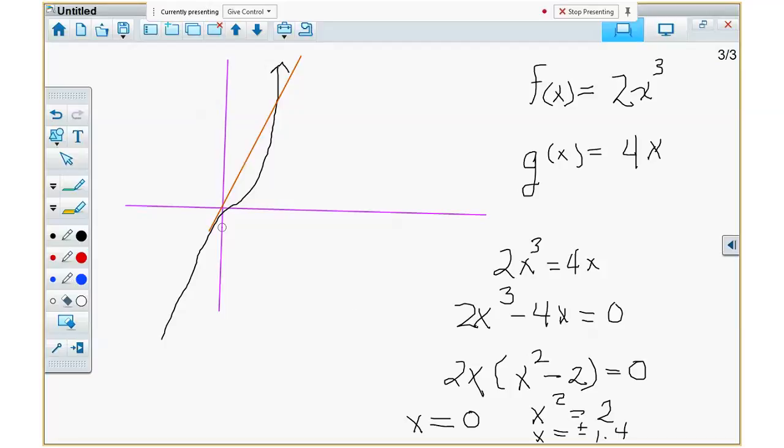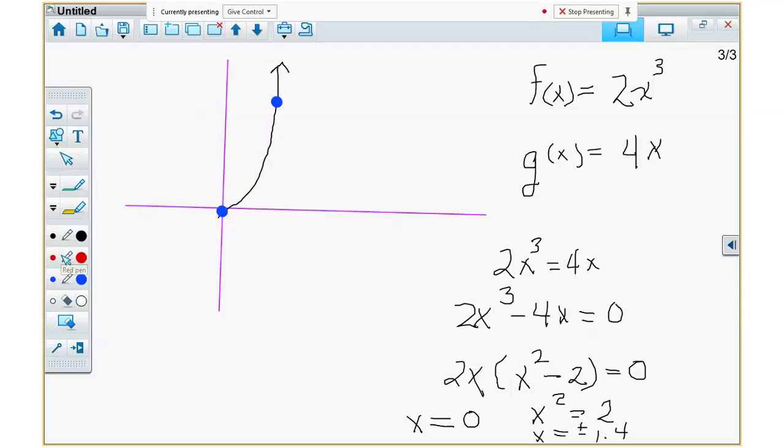So this thing intersects at 0 right here, and at 1.4, which is right here, and what? Negative 1.4.